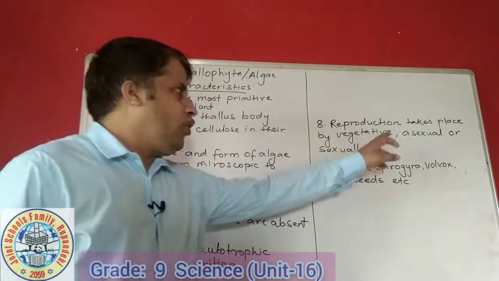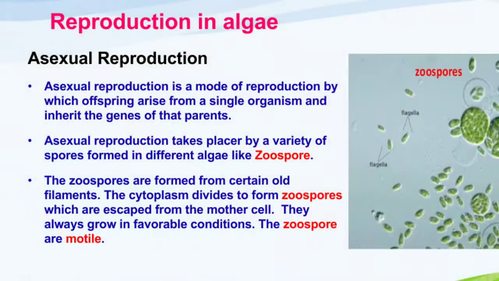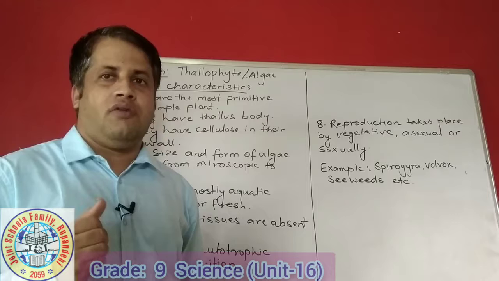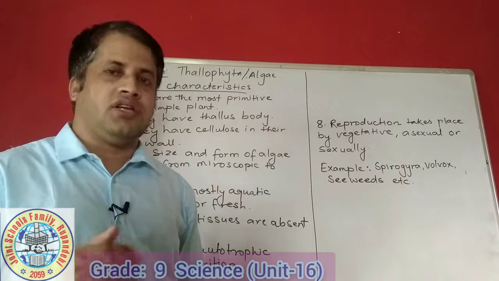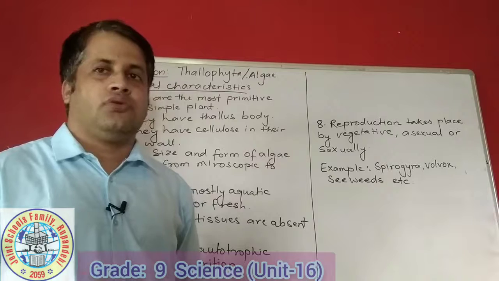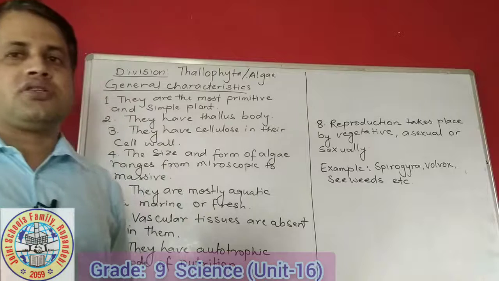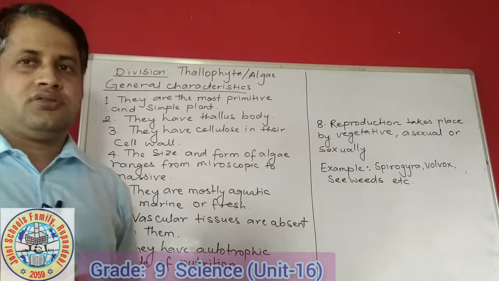Asexual reproduction generally takes place by the formation of motile or non-motile spores, that is zoospores, through sporulation. These are flagellated spores, and on germination they give rise to a new plant.